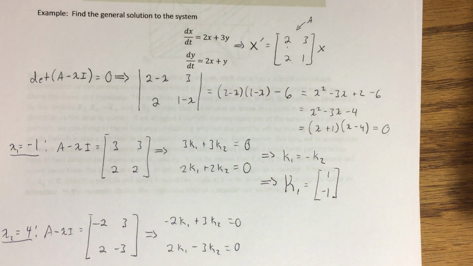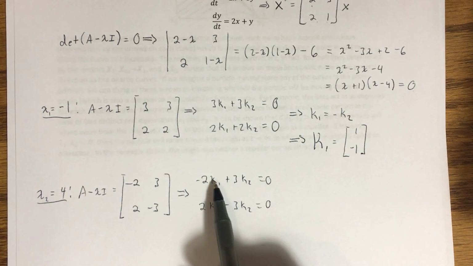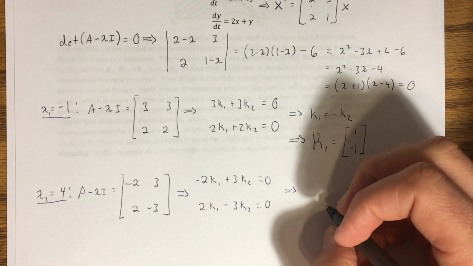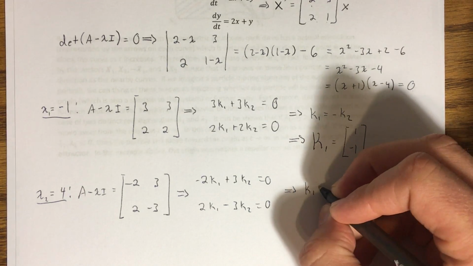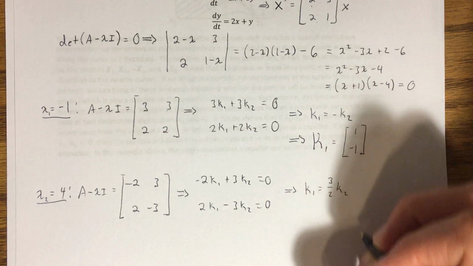Again, if you try to solve this system using elimination or Gauss-Jordan or anything like that, one of these equations is going to drop out completely, which means you, once again, will have an infinite number of solutions. So if you just solve one or the other, you're going to see here that we end up with k1 equals 3/2 k2.